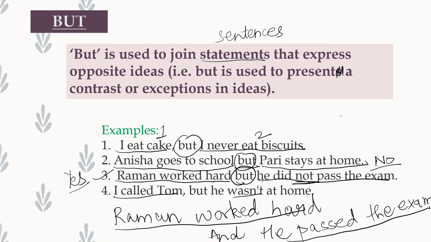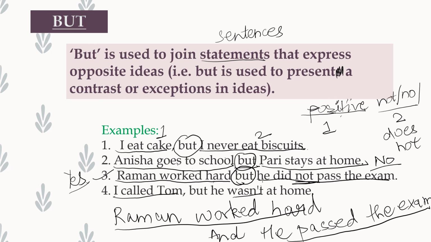Again, whenever we see that one sentence is positive, meaning someone has done some work, and you see the second sentence has no, not, doesn't, don't, or never, then you can simply add but to it.